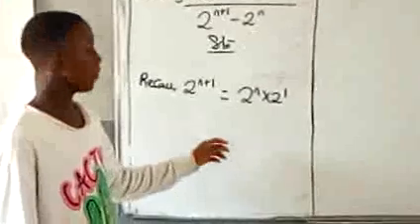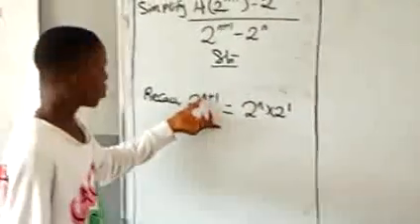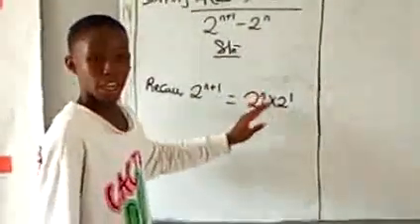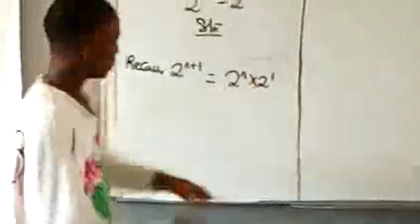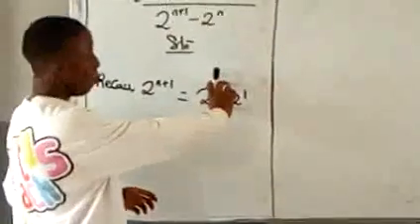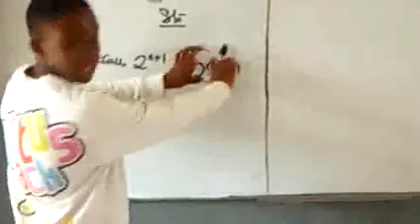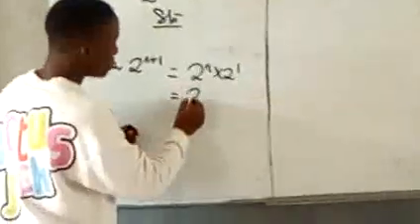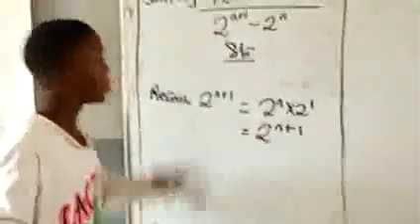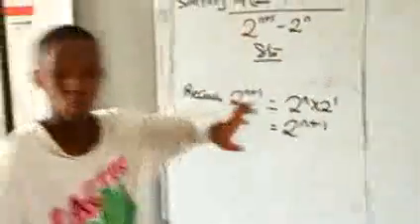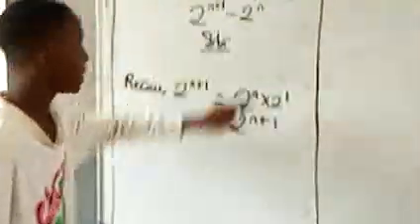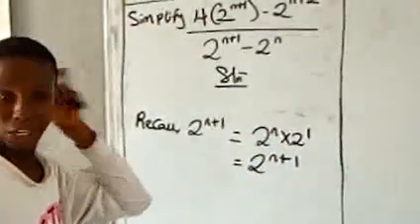Because of the multiplication and they are in the same base, we now have 2 raised to the power n plus 1. So your step is to bring down this number to its original form.